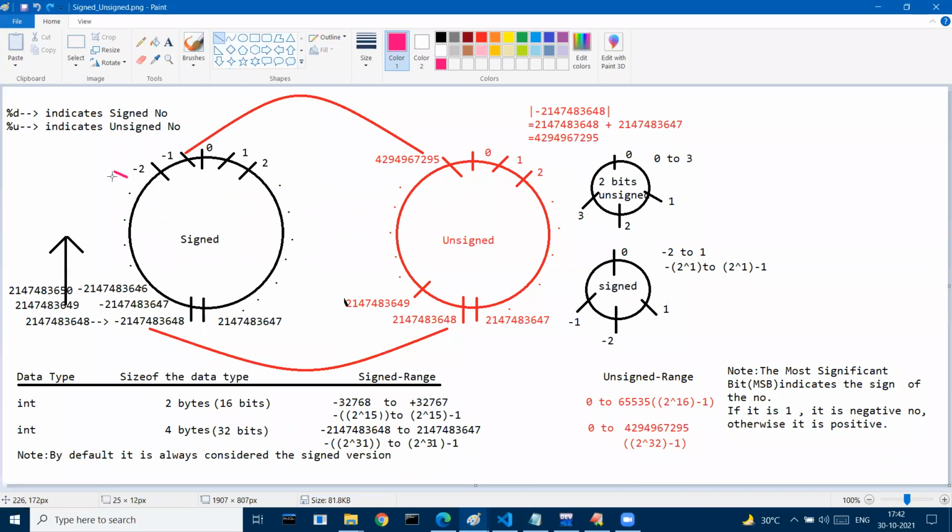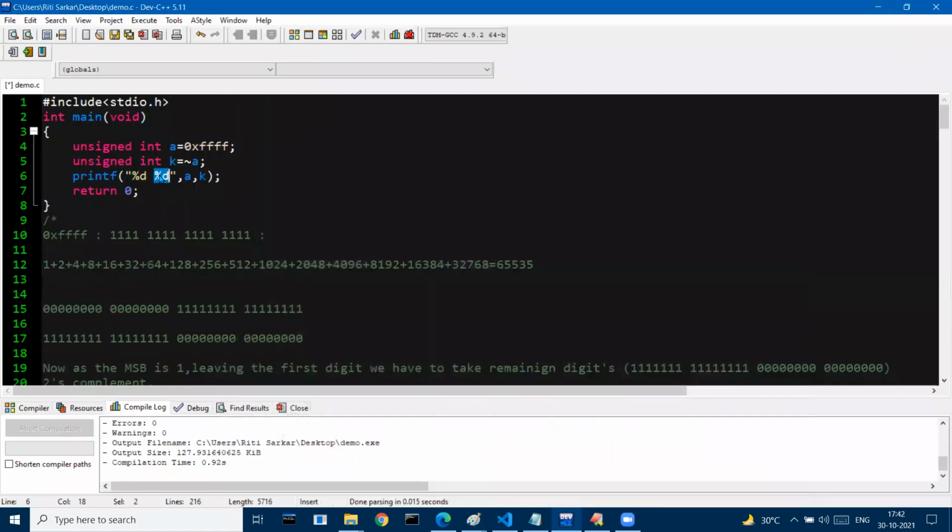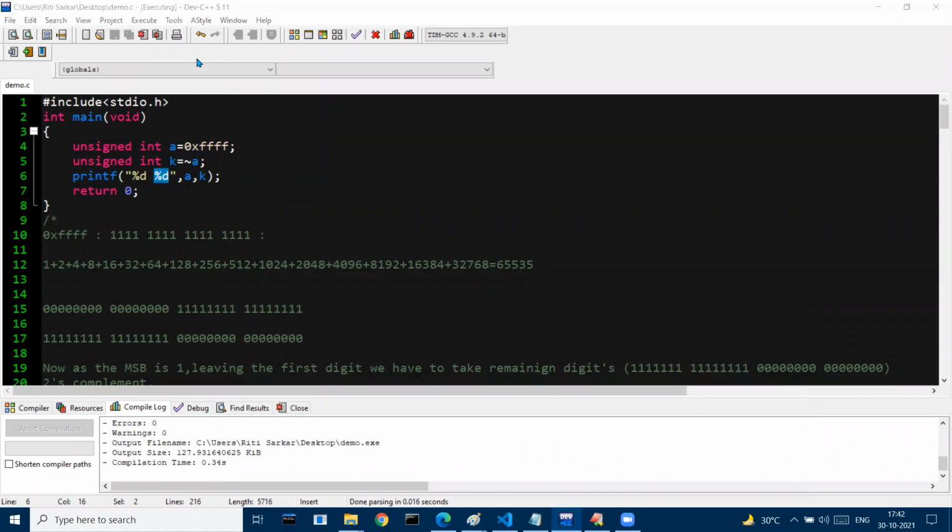How can I tell, sir? Then I have to go for numerical and manual calculation. That number's equivalent unsigned will be picked up and printed. But currently I'm not doing that. Currently I'm printing with percentile D, so the negative itself will come, sir. Execute, compile, and run.